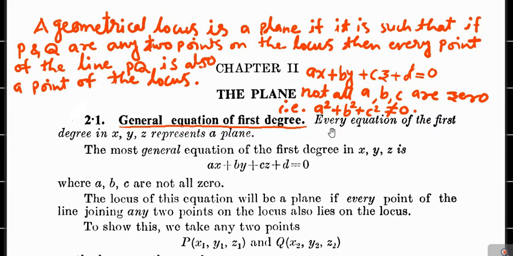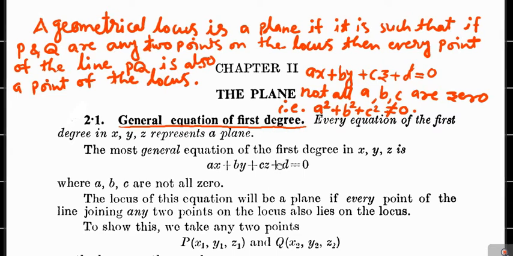Now, in the first result, we are going to prove that every equation of the first degree in x, y, z represents a plane. Every equation of the first degree in three variables x, y, z represents a plane. That we are going to prove now. So the proof is simple.